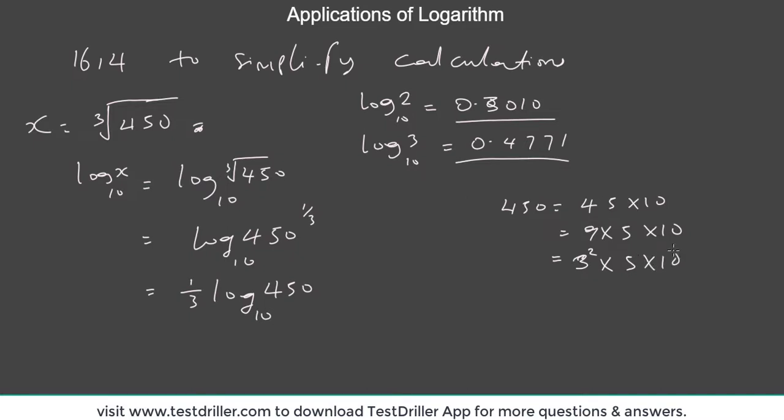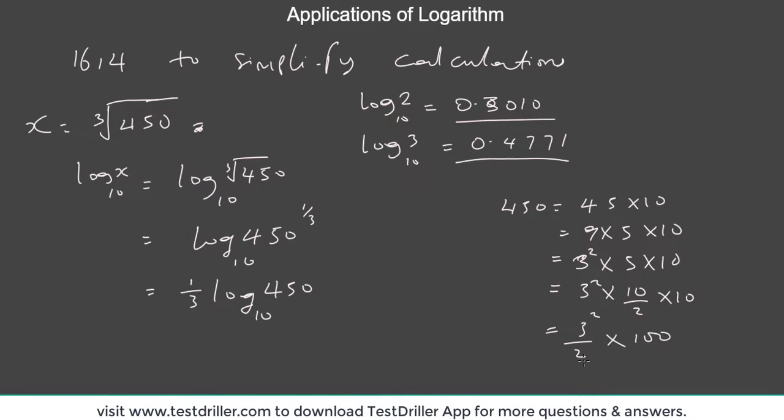So what else can we do here? We can express the 5 as 10 over 2, times 10. So it becomes 3 raised to the power 2 over 2 times 100. This is how we can express 450 in terms of 10s, 3, and 2.